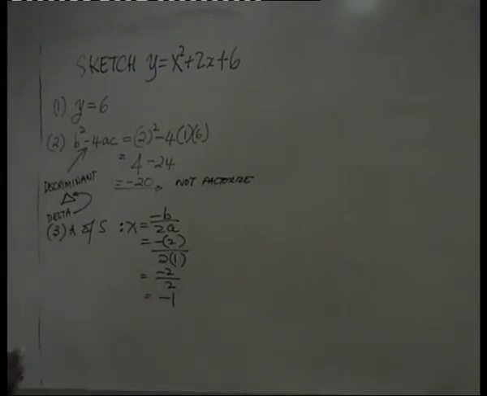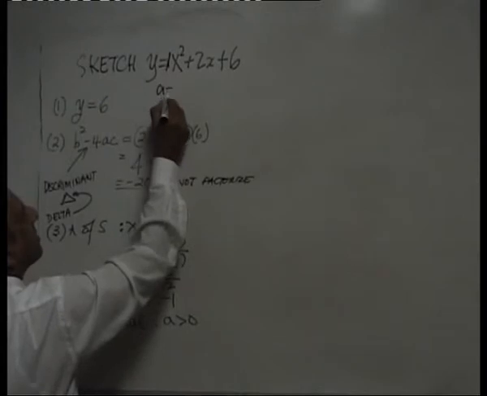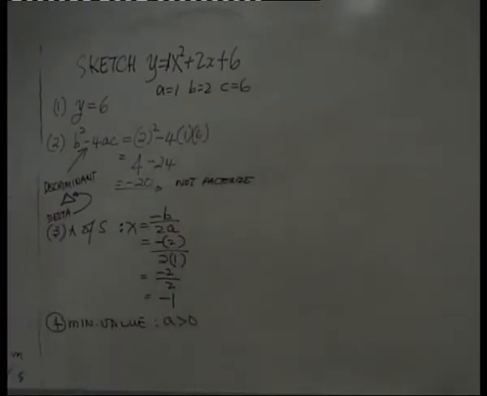Now you want to find the minimum value. How do we know it's a minimum value? Because a is greater than 0. The a we're talking about is here. This is a. a is 1, b is 2, c is 6.